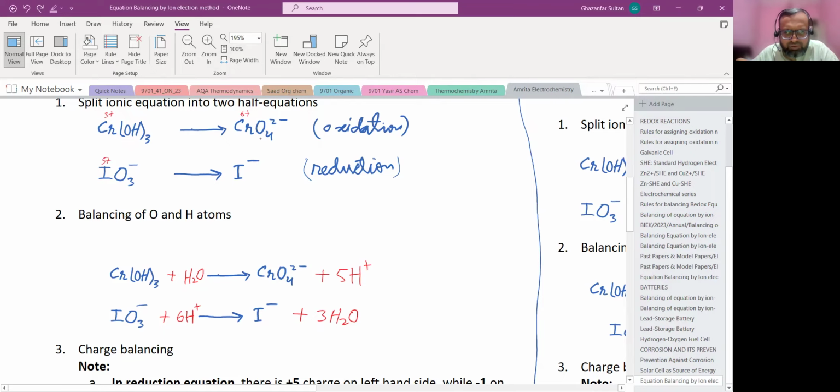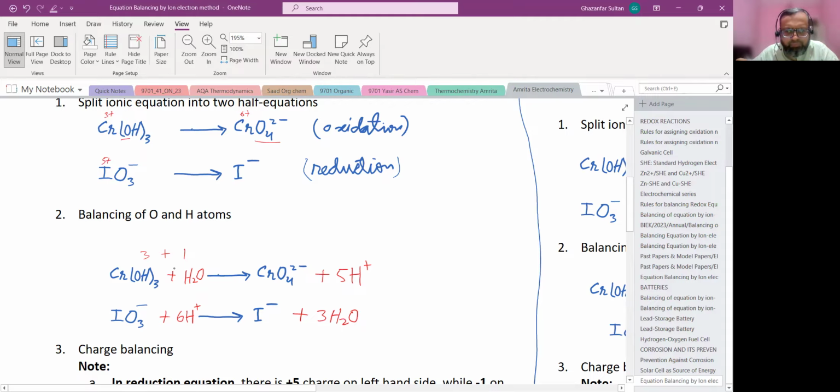See, there are 4 oxygen atoms on one side and only 3 oxygen atoms on the other. So for balancing oxygen, we add 1 water molecule on the left hand side. Now on both sides, the oxygen atoms are the same. They become 4: 3 from chromium hydroxide and 1 from water.